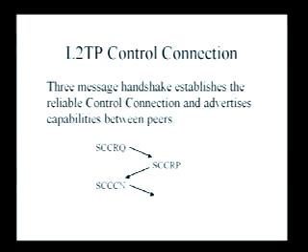So the setup phase for setting up an L2TP control connection, or a pseudo-wire for tunneling, always begins with what we call a control connection between two PE routers. This is three simple messages: a request, a reply, and then a connected.